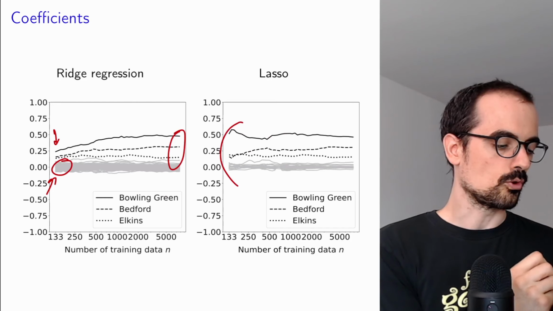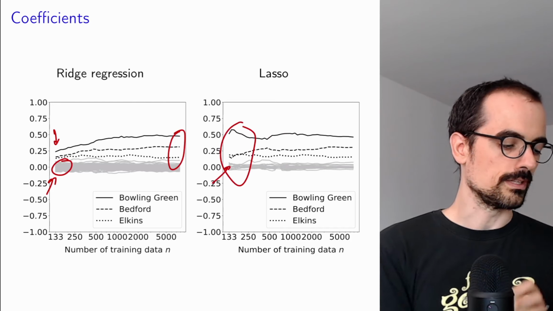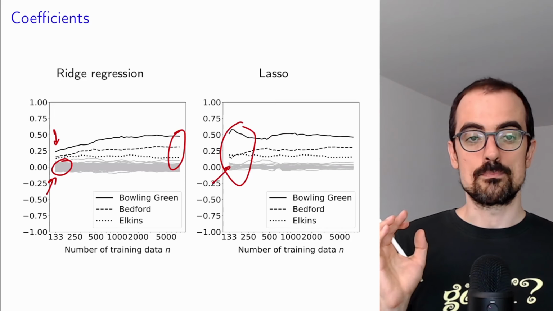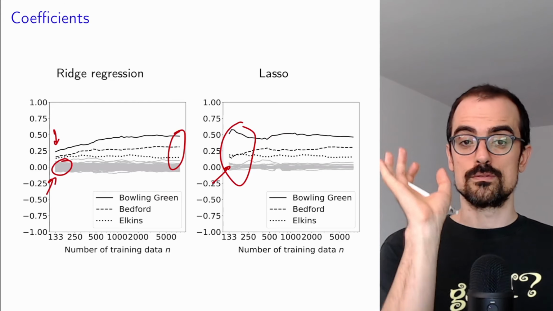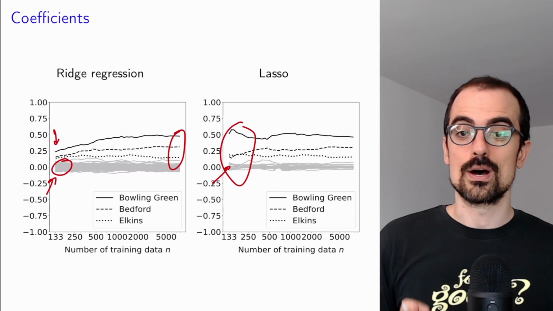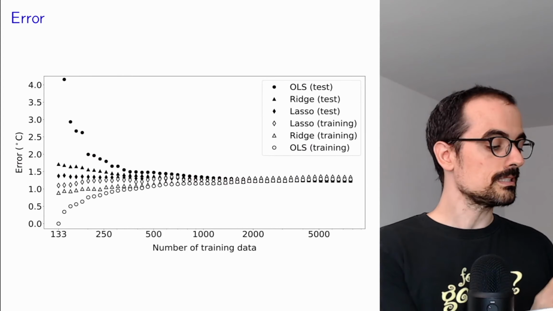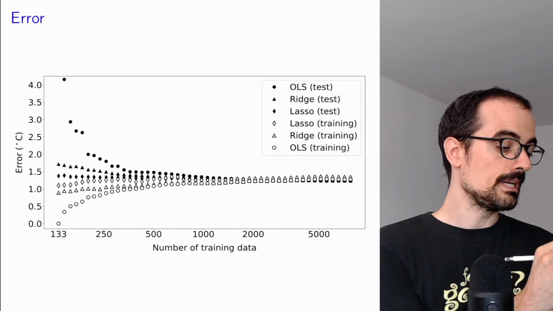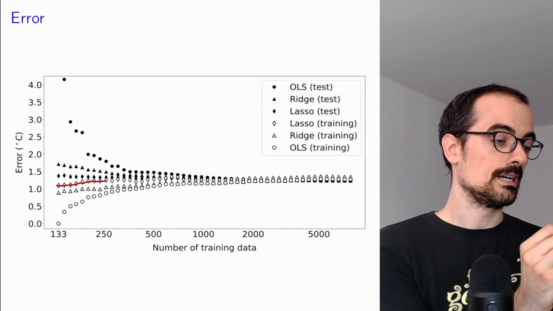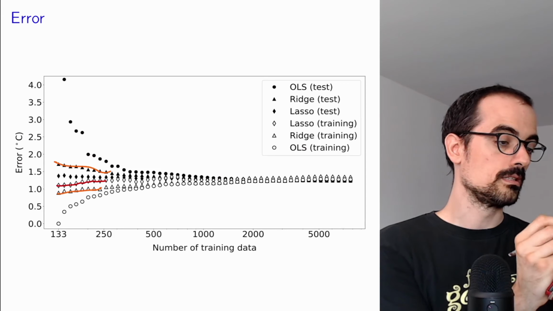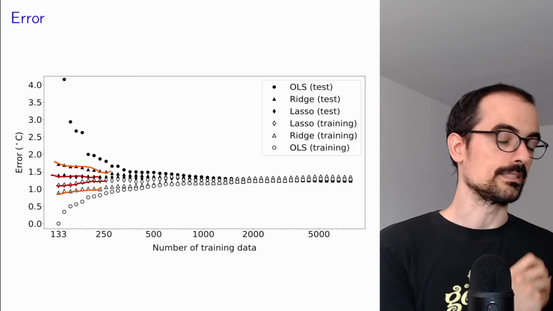The lasso manages to correct for this, setting a lot of the coefficients that are not geographically meaningful to 0, and producing geographically meaningful coefficients that are larger, particularly the one for Bowling Green. As a result, for our specific data set, the lasso has less overfitting than ridge regression, and also improves the test error.